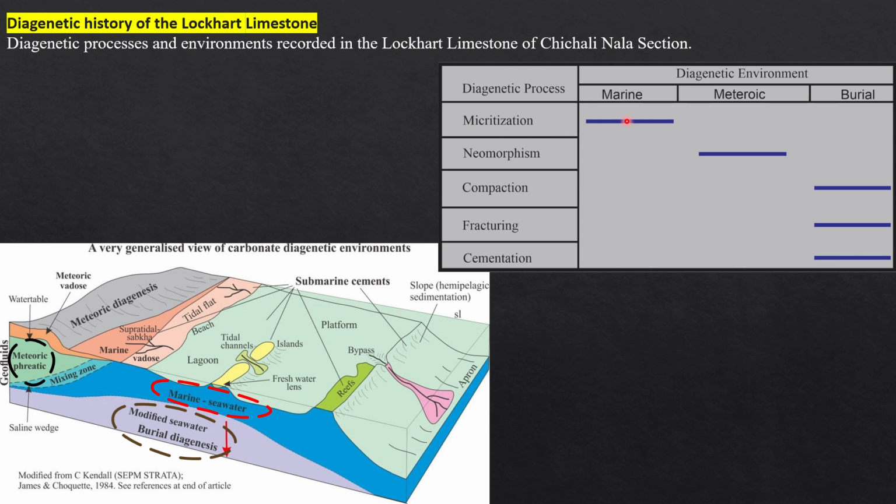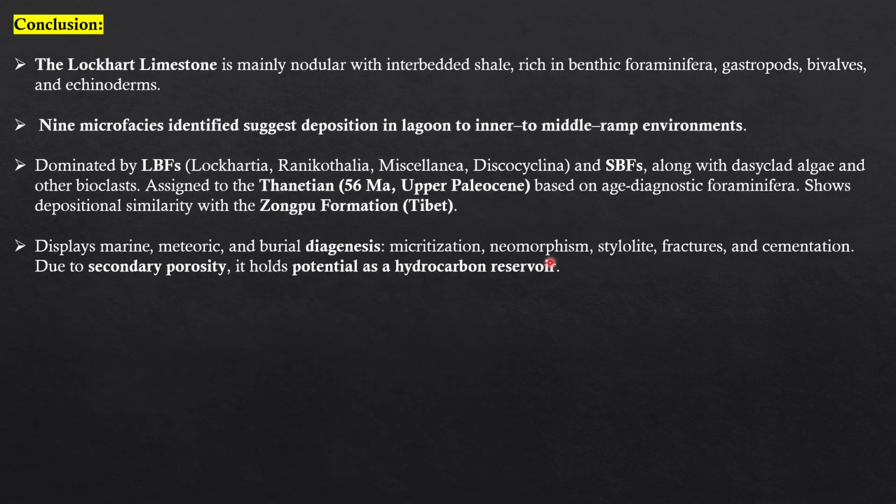Firstly, micritization occurs at marine temperature, and then we have found neomorphism, and then compaction, fracture, and cementation later on due to the burial of the Lockhart limestone. So the conclusion is this: Lockhart limestone is a nodular, interpreted limestone, and nine species suggested, which shows the inner to middle ramp.